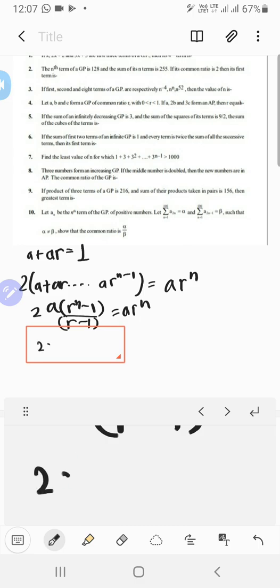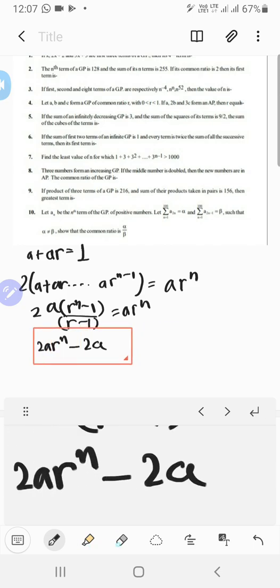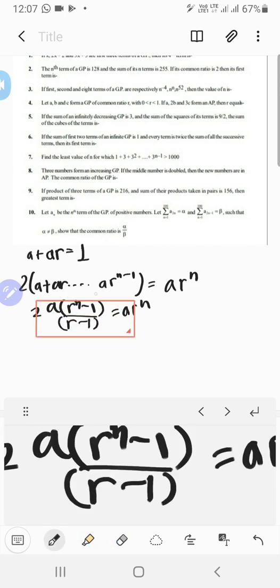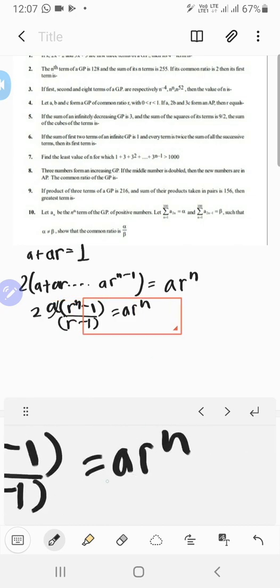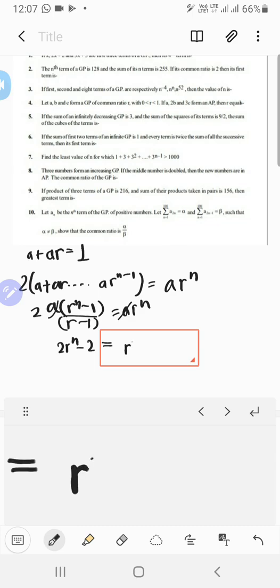So you get 2ar to the n minus 2a. Just cancel away these a's. So that would give us 2 times r to the n minus 2 is equal to r minus 1 times r to the n. So you just get r to the n plus 1 minus r to the n.